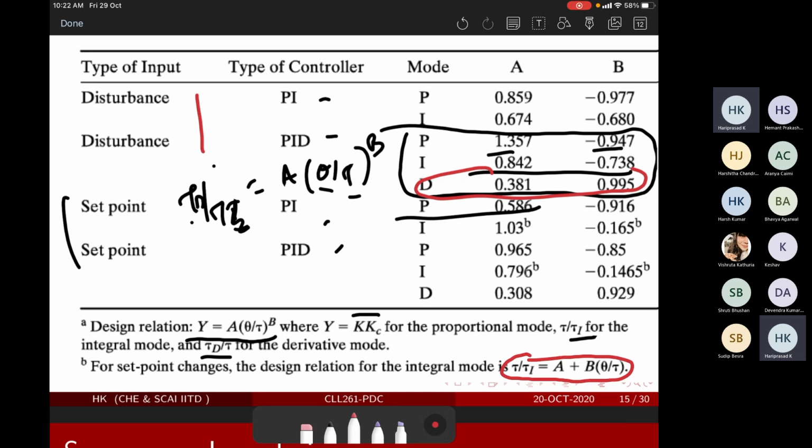If you want to design a PID controller for set point change, for P you will use the same thing, for D you will use the same thing, but for I you will use tau by tau I equal to A plus B times theta by tau. You go back and check this. You substitute the values of A and B, tau, theta, everything over here, and get your term back.